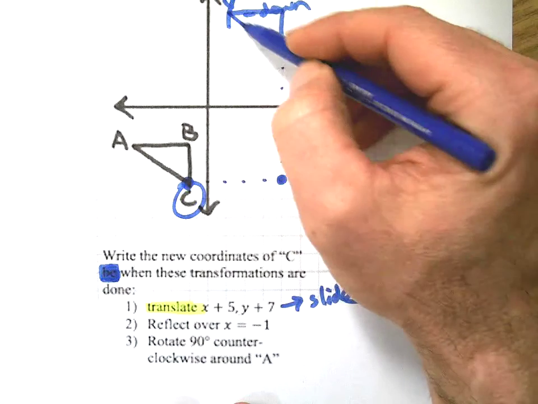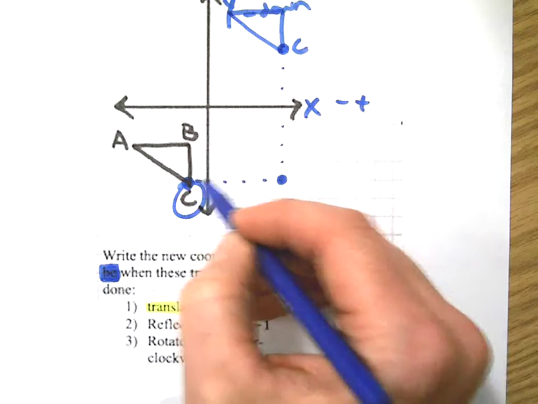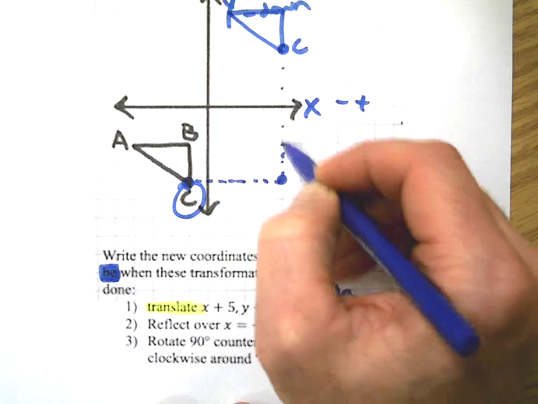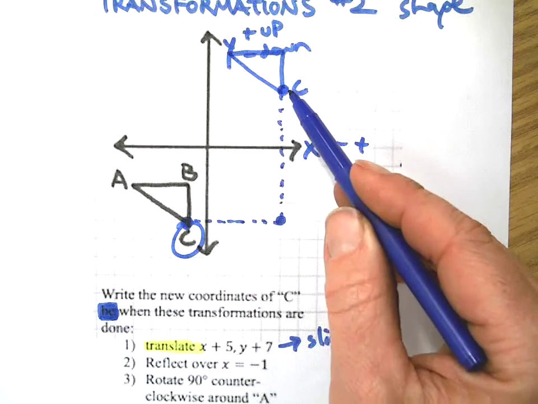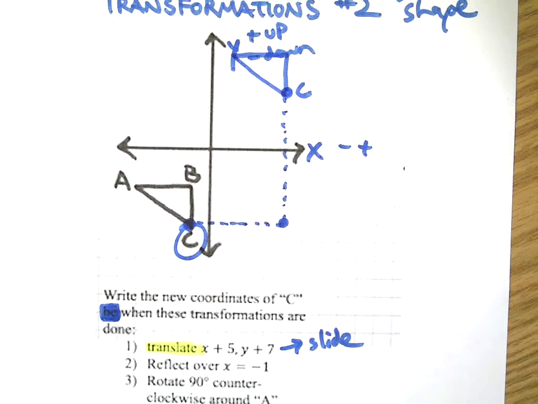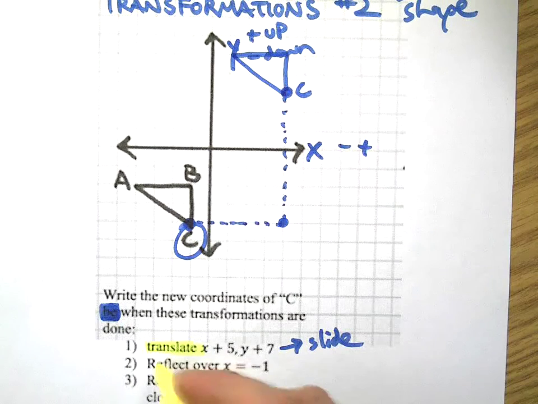I wish I would have planned ahead a little better, but there we go. So we went this way, and then we went that way, and then we reconstructed the shape around that reference point of C.